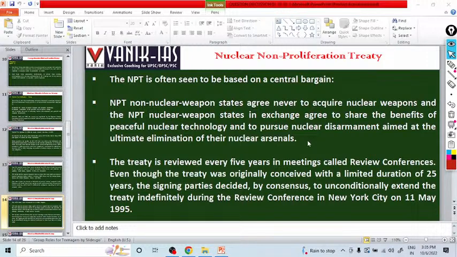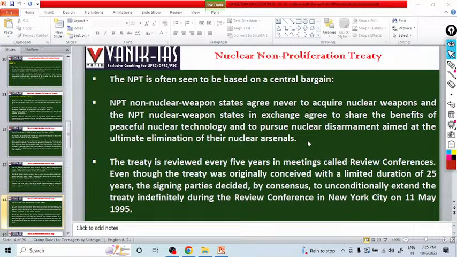The treaty is reviewed every 5 years in meetings called review conferences. Even though the treaty was originally conceived with a limited duration of 25 years, the signatory parties decided by consensus to unconditionally extend the treaty indefinitely during the review conference held in New York in 1995, after 25 years.